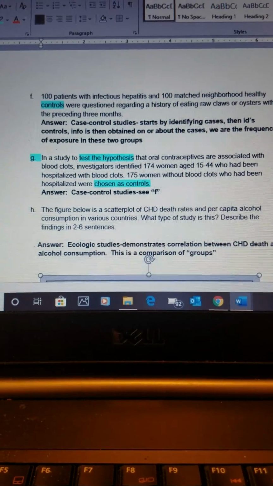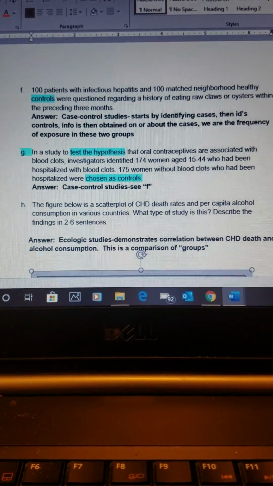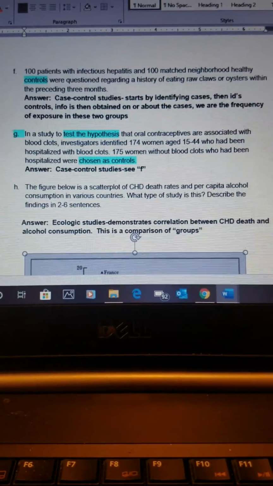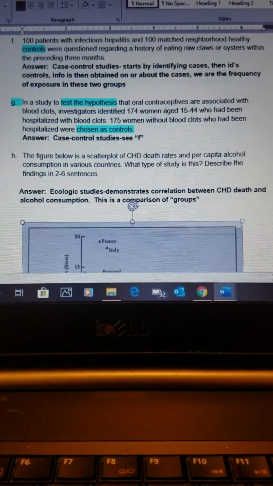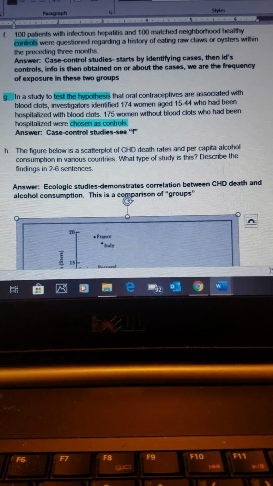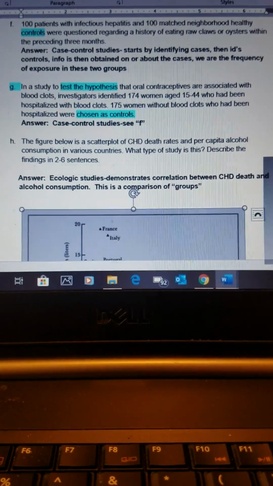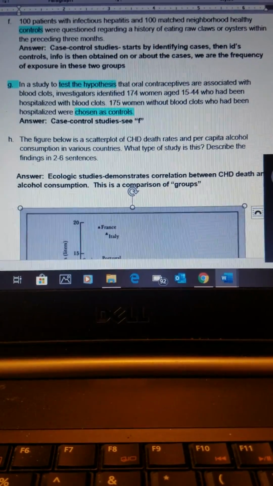And H, the figure below is a scatter plot of CHD death rates and per capita alcohol consumption in various countries. What type of study is this, and describe the findings in 6 sentences.